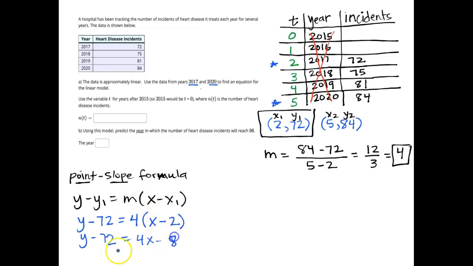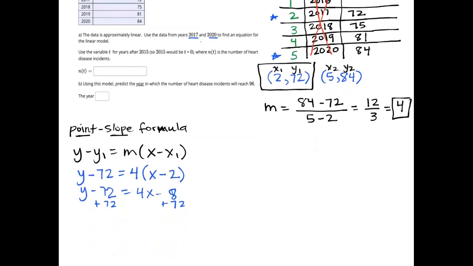Oops. And now I just need to add my 72 over. All right, so negative 8 plus 72 is going to give me 64. So let's see, what do I have here? y equals 4x plus 64.